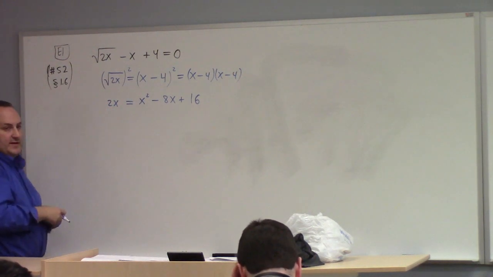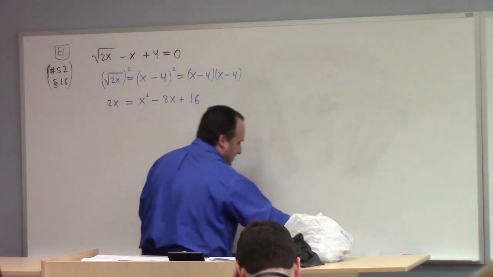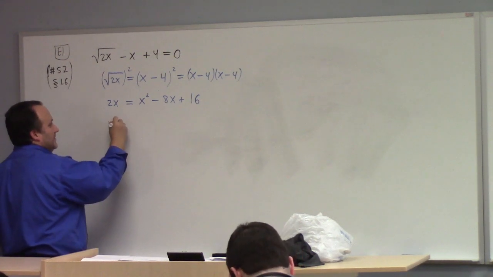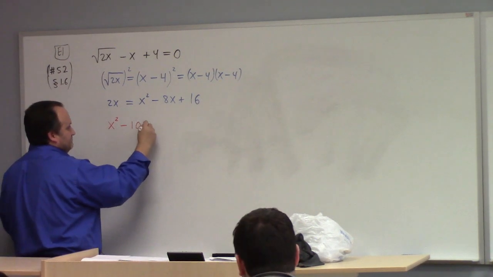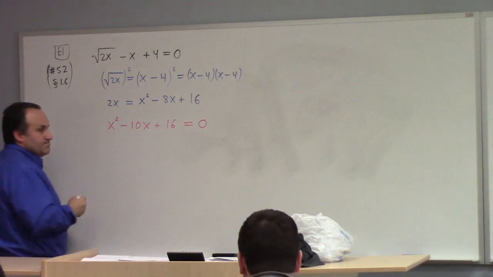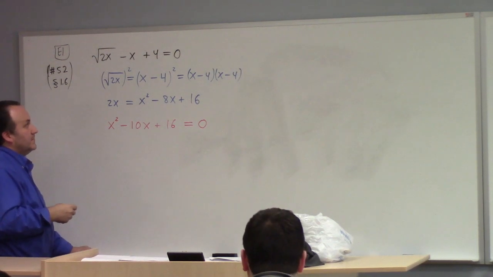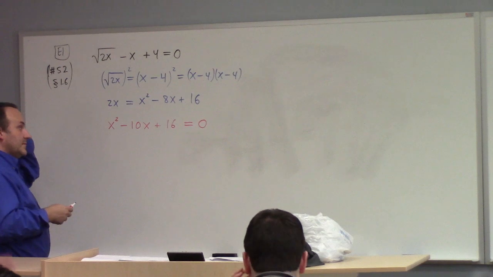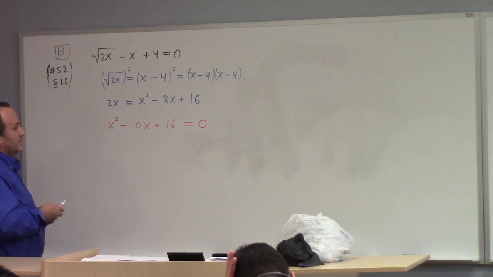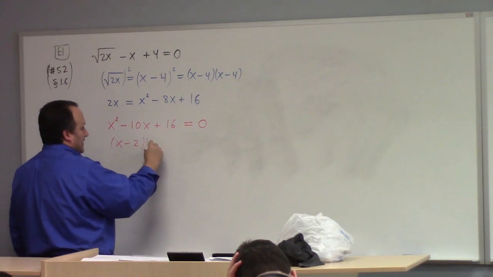Now what do we have? Well, we've got a quadratic equation. So let's put everything on one side. Maybe we can factor it. I don't know. So I've got x squared minus 10x plus 16 is equal to 0. Can you guys solve that? x minus 2 and x minus 8.